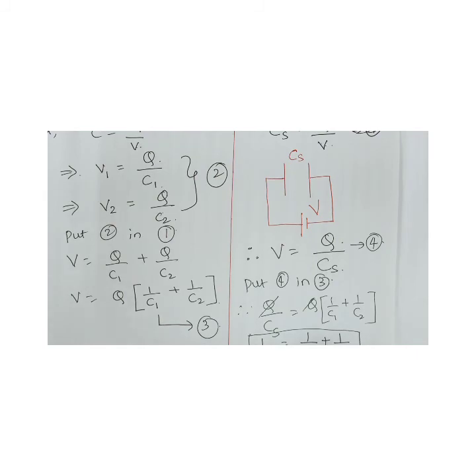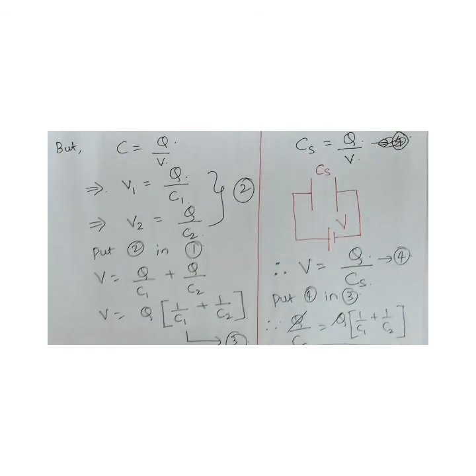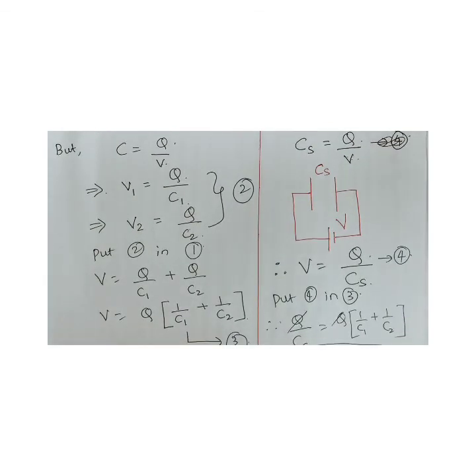What is that? It is the reciprocal here. You can say the reciprocal of the equivalent capacitance of the series combination of a number of capacitors, here you have two, is equal to the sum of the reciprocals of the capacitances of the individual capacitors. You need not take just two; you can take n number of capacitors and find this expression.